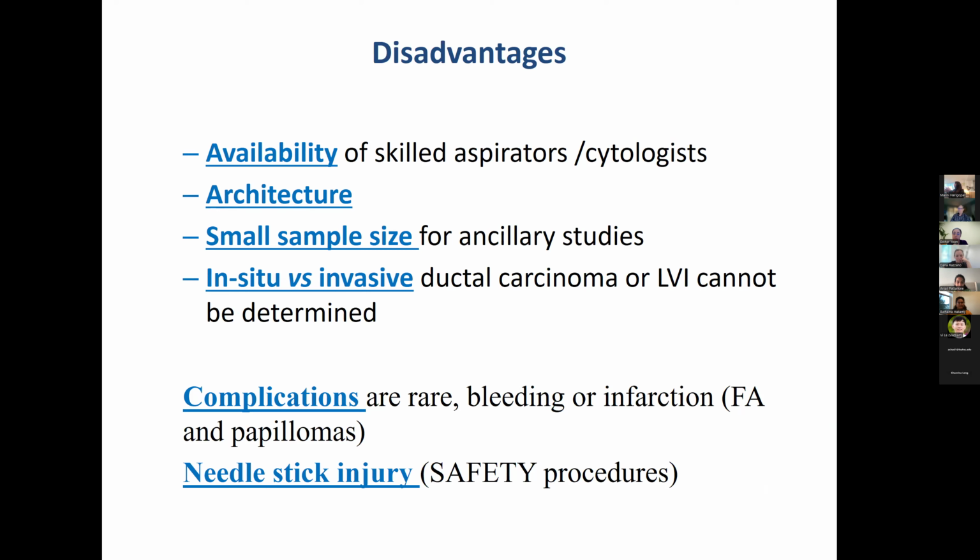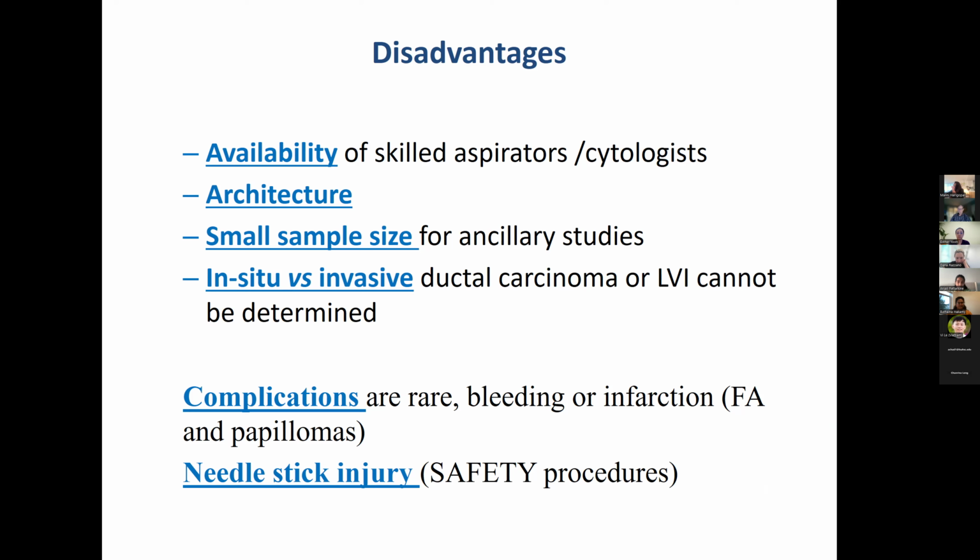And then one more important difference between a surgical biopsy and a cytology specimen is you cannot tell the difference between an in situ versus an invasive carcinoma in a cytology sample. Whereas in a surgical biopsy, you will be able to tell this because you have the context of architecture, you have stroma, and you have cells infiltrating stroma, but you don't have that advantage with a cytology specimen. And of course, LVI cannot be assessed on a cytology specimen.